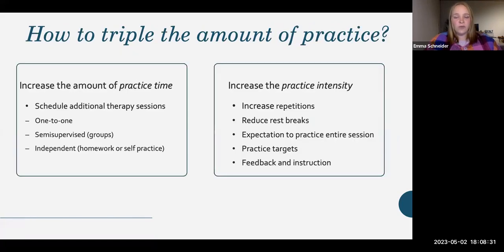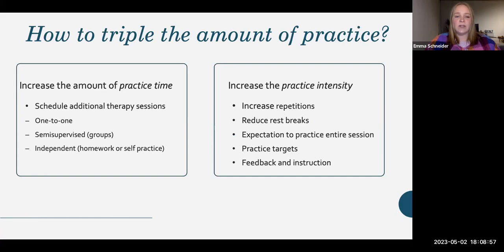So we need to triple the amount of practice, and there's two obvious ways or channels that we can go about doing that. The first one is obviously to increase the amount of practice time, i.e. we schedule more therapy, whether that's more one-to-one therapy where there's one therapist, one patient, or we look at other alternatives to deliver practice, such as semi-supervised practice or groups where there's one therapist to two or more patients.